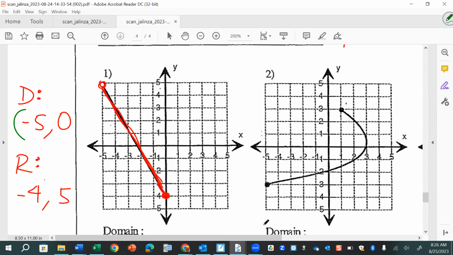A fill in, so bracket. That is closed. Good. How about the range? Bracket or paren? Bracket there, and it ends with a paren. Okay, why don't you try number 2 on your own?